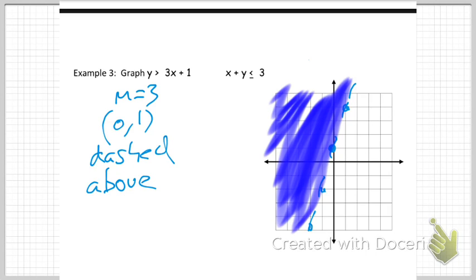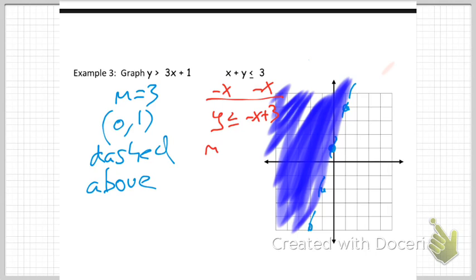Alright, now for the next inequality, we do need to solve for y. So let's subtract x. I'm sorry again, it's not an equation, it's an inequality. We need to solve the inequality for y. Isolate y. We get y is greater than or equal to -x plus 3.